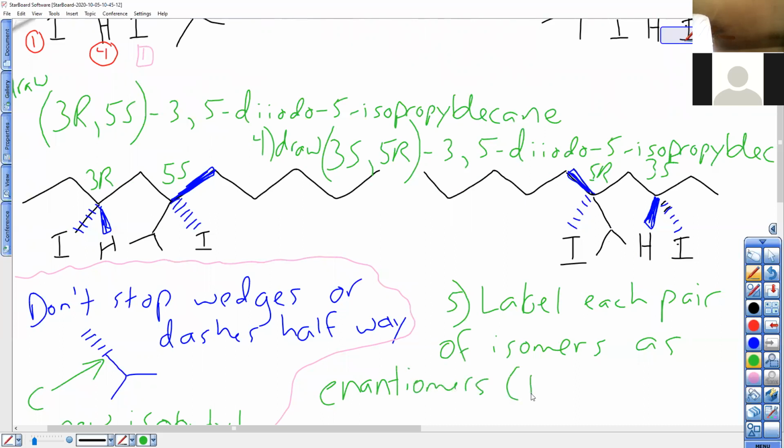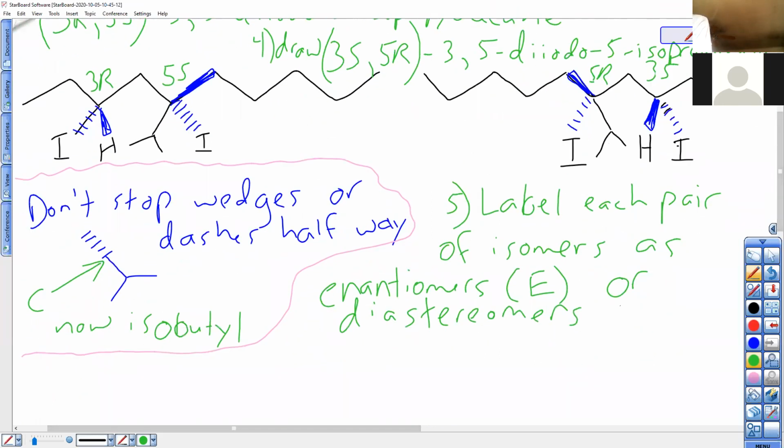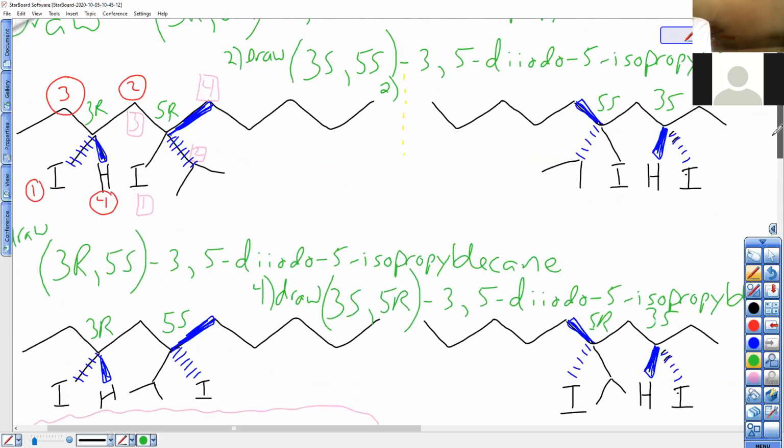And for this question, you can use the short form E, or here's a new word, which we'll define on our next page, diastereomers, D. And we'll do those labels here.